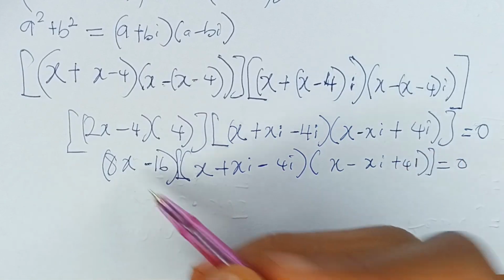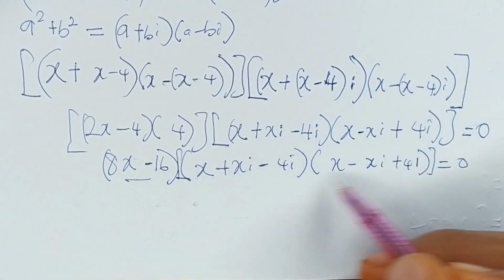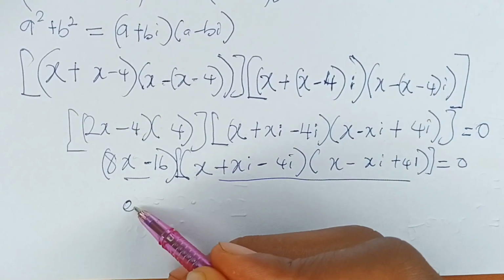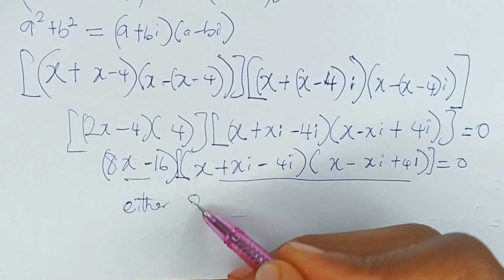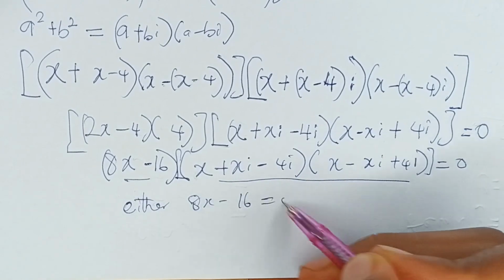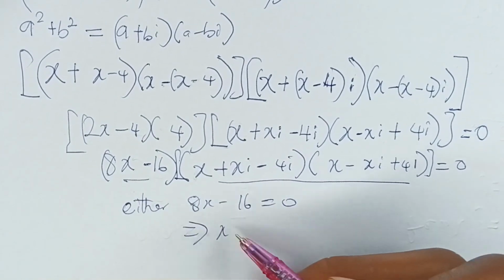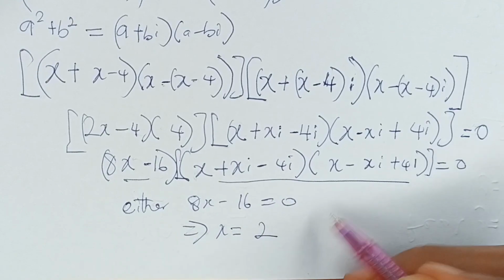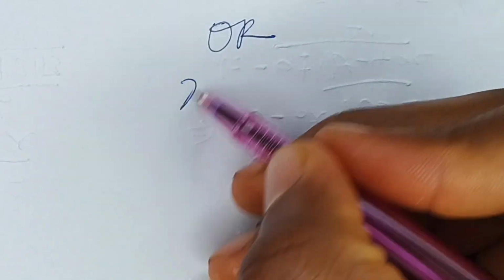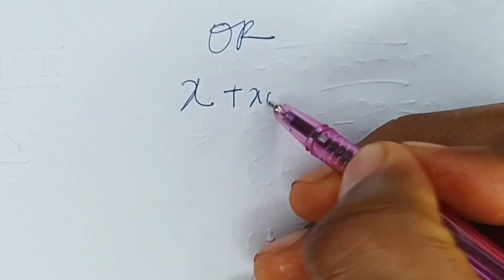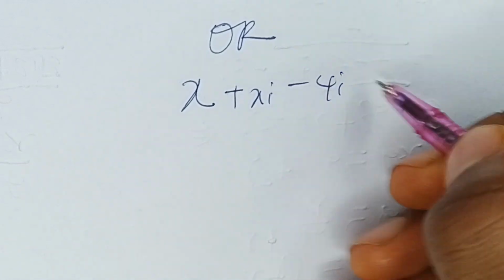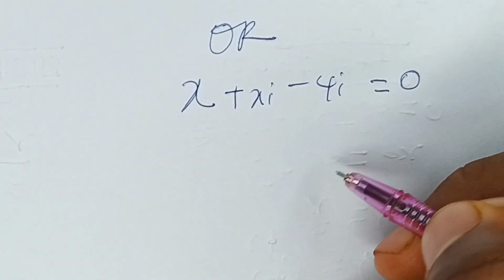So when the product of two things is equal to 0, it's either the first one is equal to 0 or the second one is equal to 0. So it's either 8x − 16 is equal to 0, implying that x is equal to 2, or x + xi − 4i is equal to 0, okay.